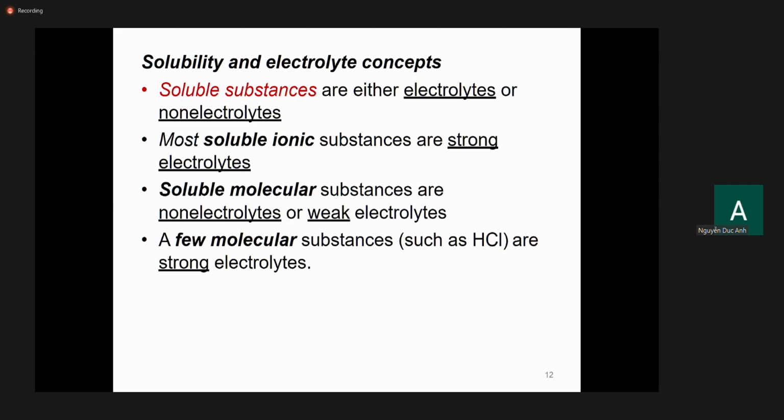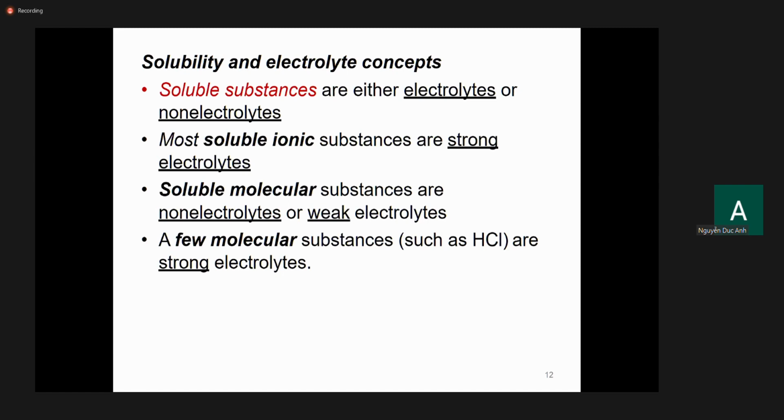So let's summarize the part on solubility and the electrolyte concept. When a soluble substance dissolves in water, it can generate ions or not, so it can be an electrolyte or a non-electrolyte. For soluble ionic substances, most of them will be strong electrolytes.